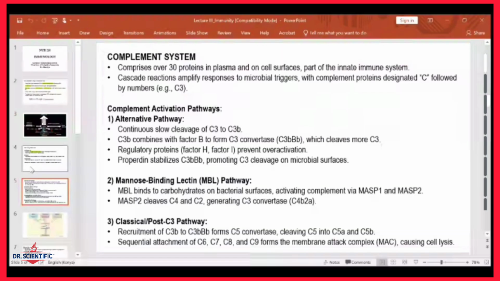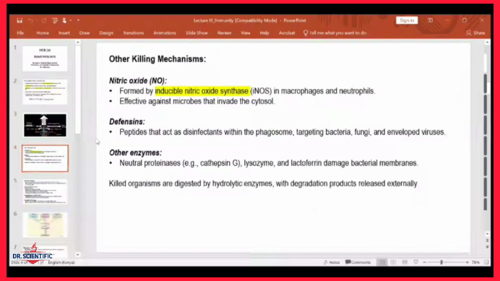So that is one of the many ways in which death can happen during phagocytosis. The main function is phagocytosis, but in phagocytic cells, the phagosomes would have what we call reactive oxygen intermediates, ROIs, generated from the granules.